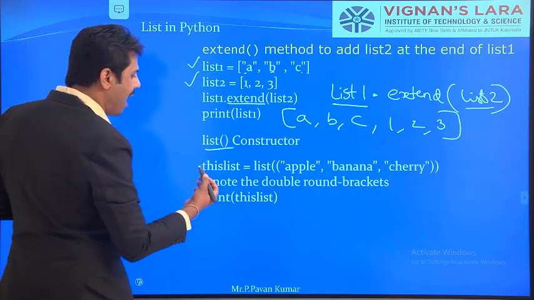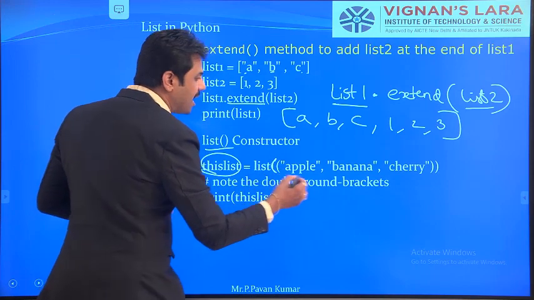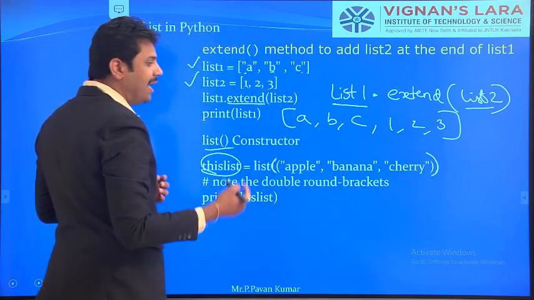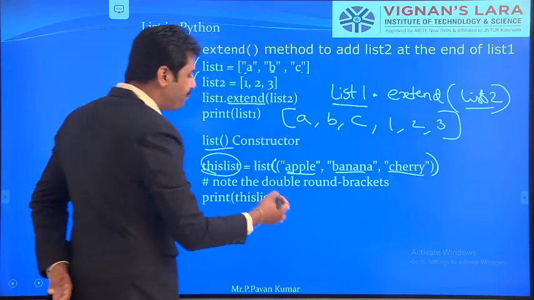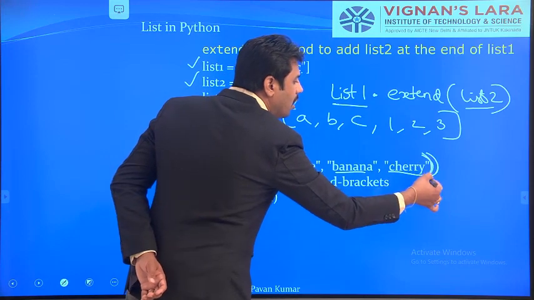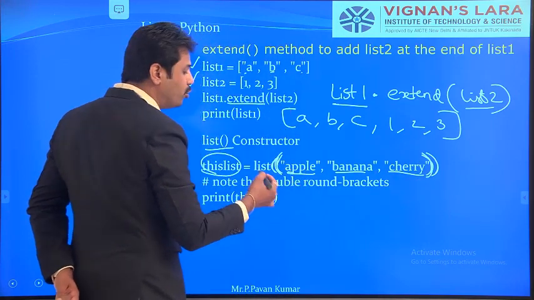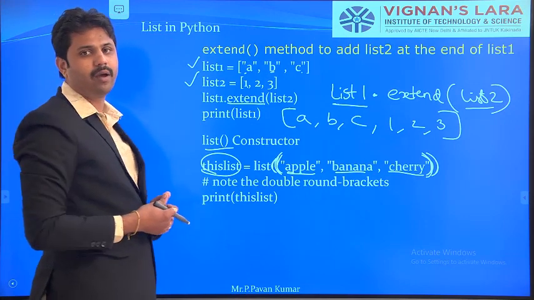Here I have to create a new list. This list equals list is a constructor here. Here I just give a list name. That means you have to use double brackets. You have to use apple, banana, and cherry, and a new list is going to be created.